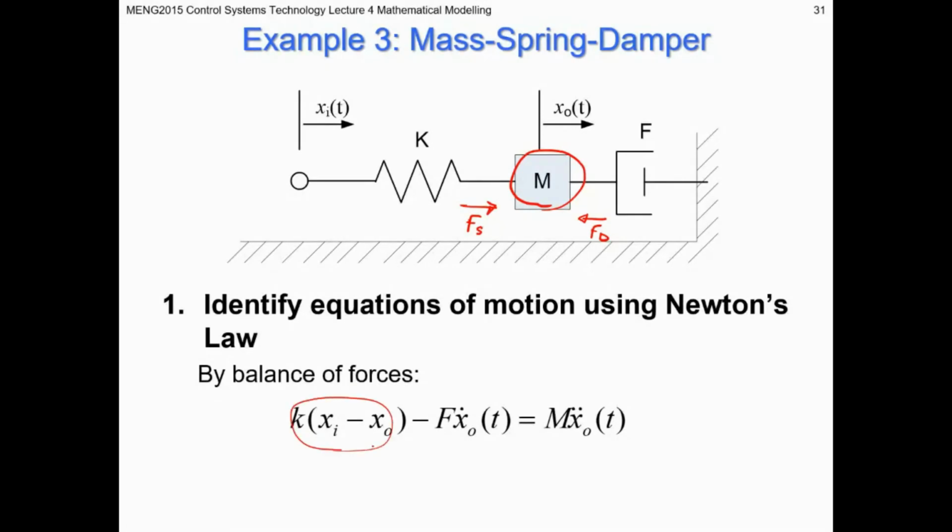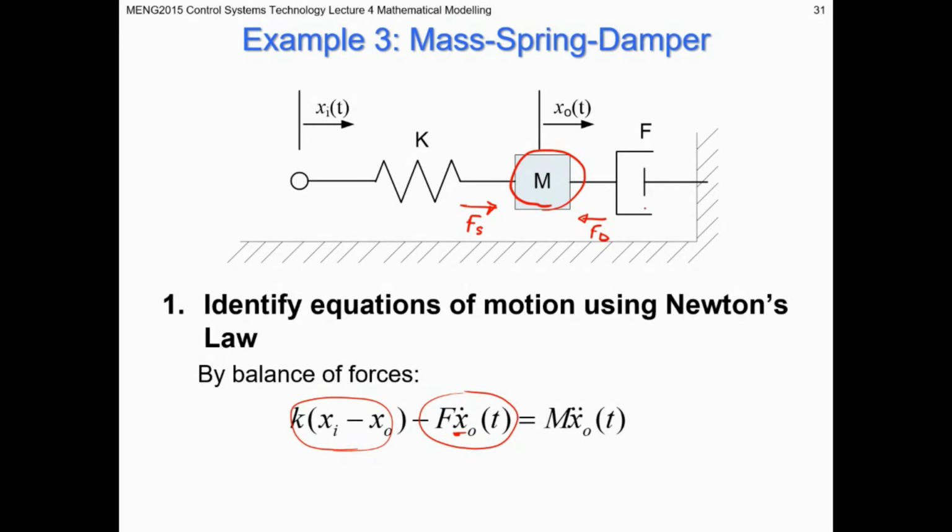This is the spring force. This is the retarding damper force, and the damper force is equal to the damping constant F times not displacement in this case. The spring force is a function of displacement, but the damping force is a function of the velocity, the first order derivative of the displacement.